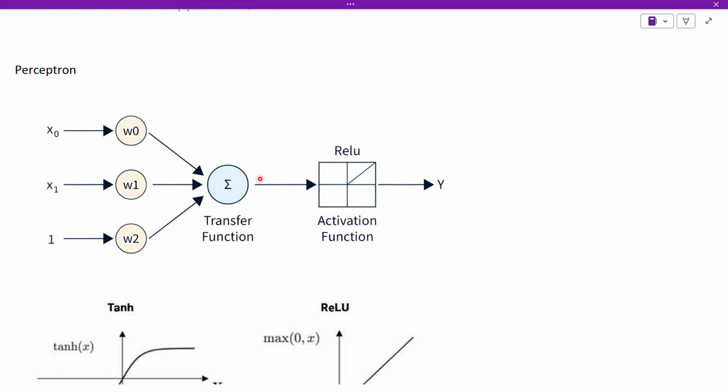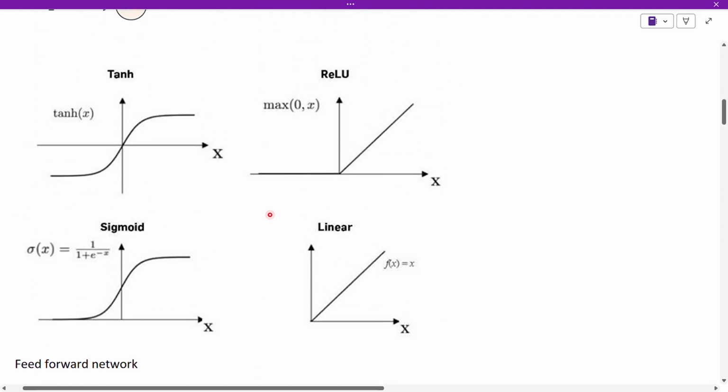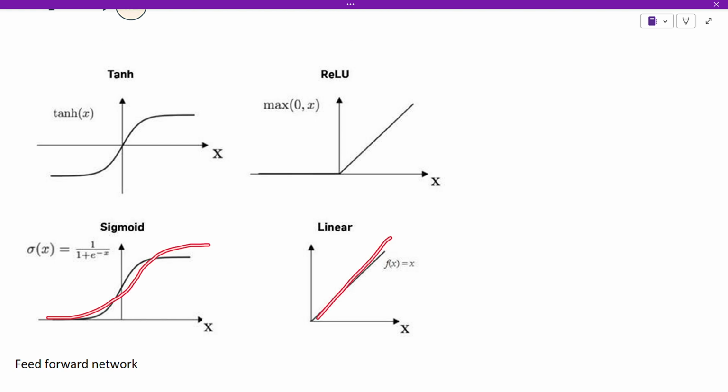So what is this activation function? These are the main activation functions used in deep learning: the tanh activation function, the ReLU, which is the rectified linear unit, and then sigmoid and linear. Linear is not actually used, but these three are used in the industry right now.